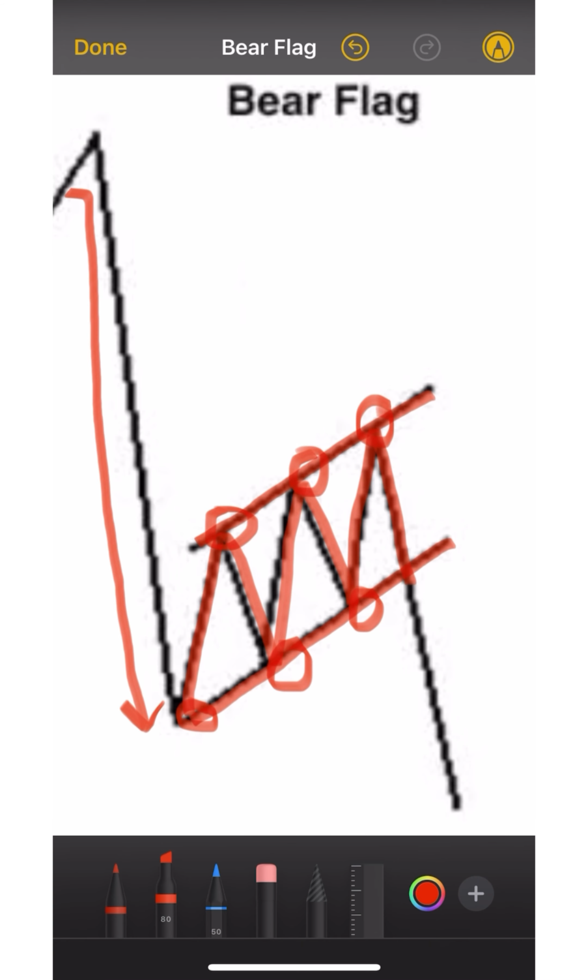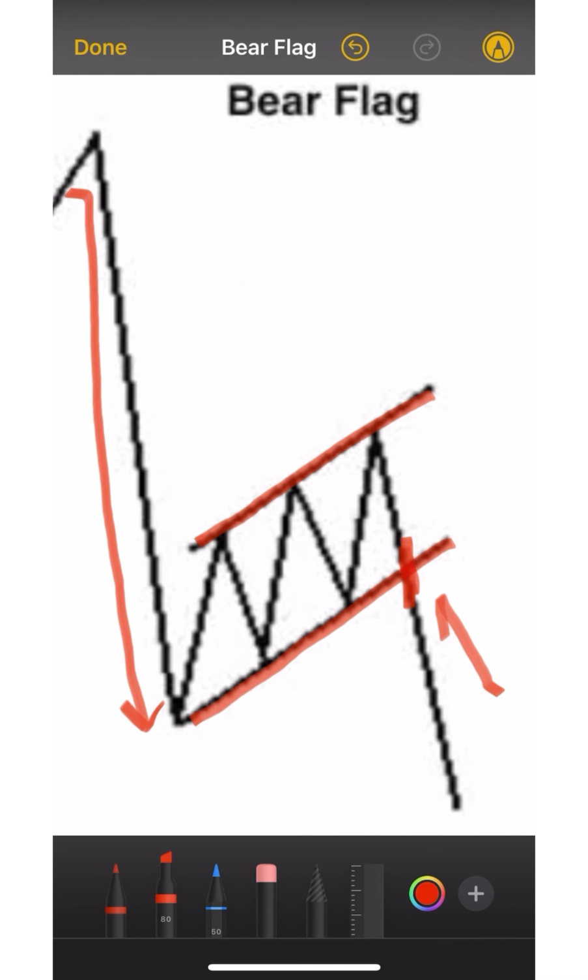Now let's discuss the entry, how you can make an entry in a bearish flag. Whenever a red candle breaks this parallel line and closes below it, either on a 5-minute candle or a 15-minute candle, then you can make an entry and place an order at this level.